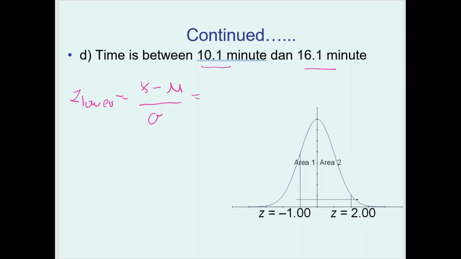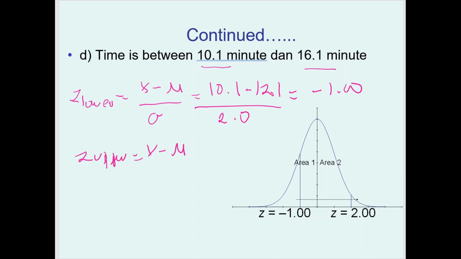So what do you put here? 10.1 minus 12.1, divided by 2, equals negative 1. For the z upper, same procedure, x minus mu divided by standard deviation. You just plug in the value 16.1 minus 12.1, divided by 2, so you should be getting 2.00 here.